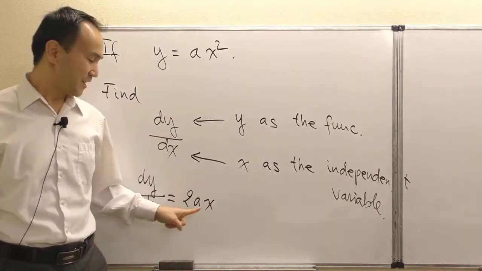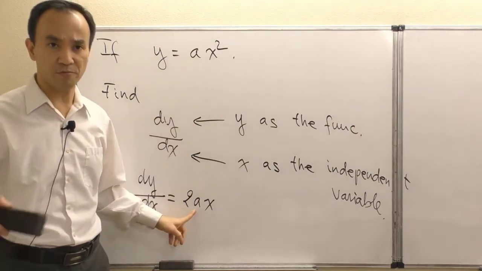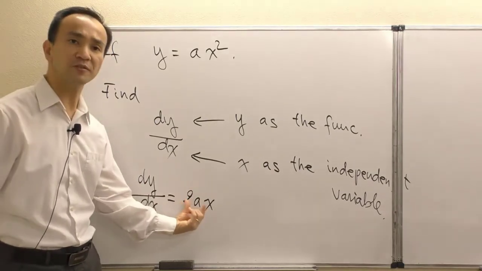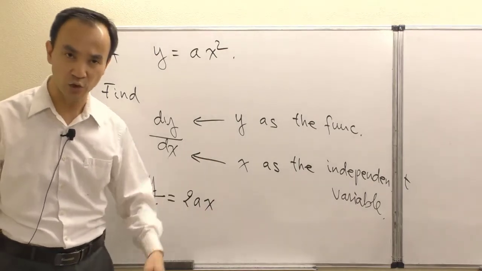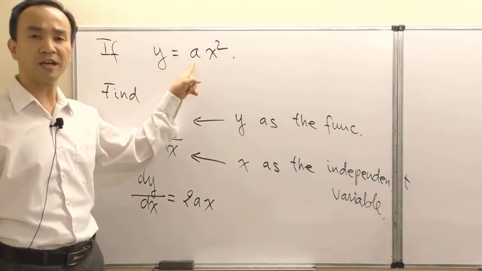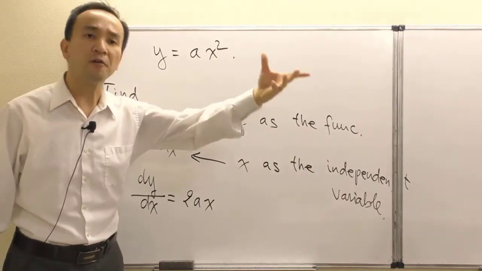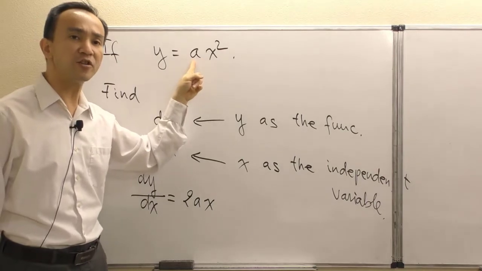All right. And then what about that a right here? Just think about if a was previously given, like a 5, then here it would be 2 times 5, meaning it's going to give us 10 times x right here. That's our final derivative. But here a is simply given as a representative, as a general coefficient. So any particular value for a is not given.